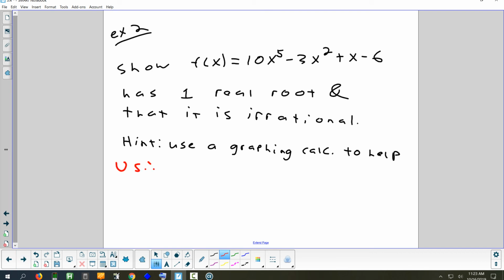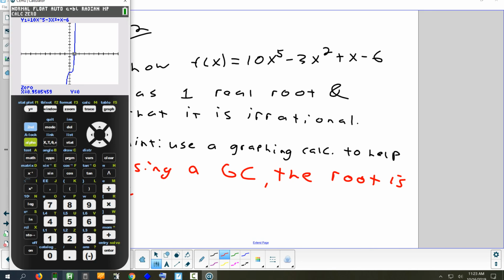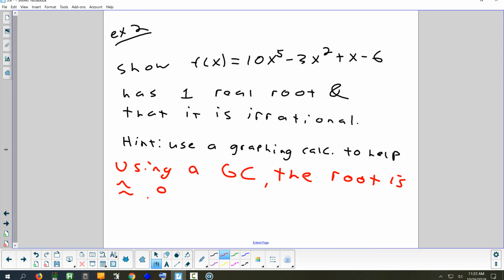So, using a graphing calculator, the root is about, again, I'm rounding it, it's not really 0.9505, it goes on forever. It's about 0.9505.